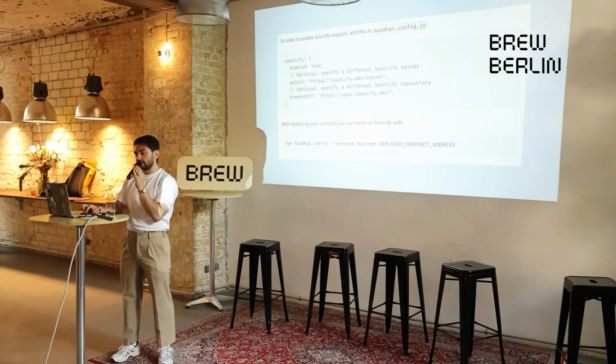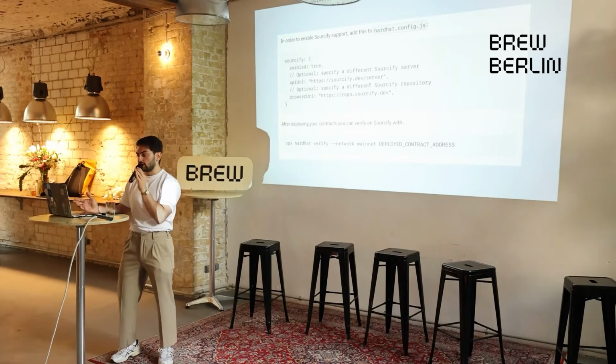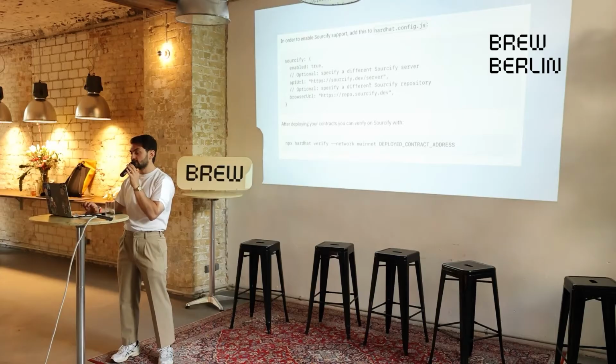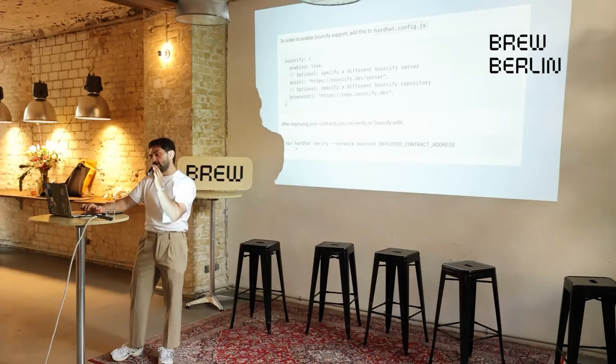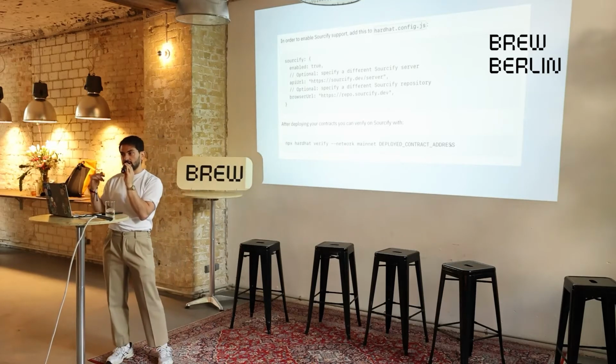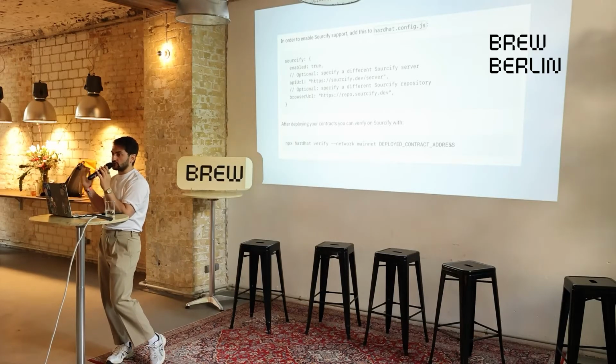And if you have a different Sourcify server, like a local one, or if there's another instance, you can give it. And after that, you can just, as usual, say hardhat verify, your network and the contract address, and this will verify on Sourcify, and on Etherscan as well if you have provided an API key.